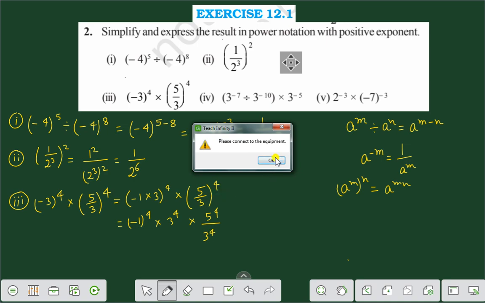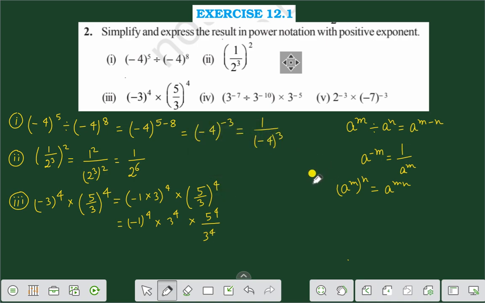Here we have used the formula (ab)^m is equal to a^m into b^m. Here we have applied this formula. Minus 3 is minus 1 into 3, to the power 4. Now 3^4 and 3^4 will cut, and (-1)^4 is plus 1, right?